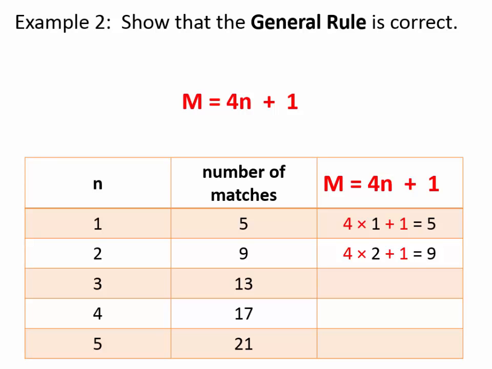For the third one, we should get 13. 4 times 3, that's 12, plus 1 is 13. For the fourth one, we should get 17. 4 times 4 is 16, plus 1 is 17. And the last one, 4 times 5 plus 1 is 21. So in each case, it worked out to the correct value. So we have shown that the general rule is correct.